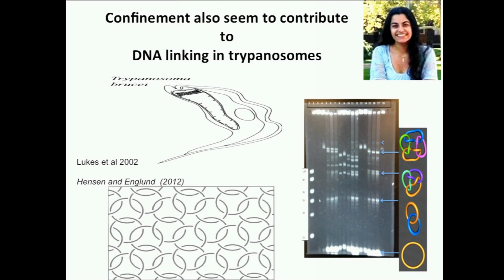We also talk about this organism, T. brucei, which is responsible for sleeping sickness disease in Africa, and T. cruzi is responsible for Chagas disease in the Americas. And basically, this is the mitochondrion. When you extract the DNA from the mitochondrion, it's made of a large network.